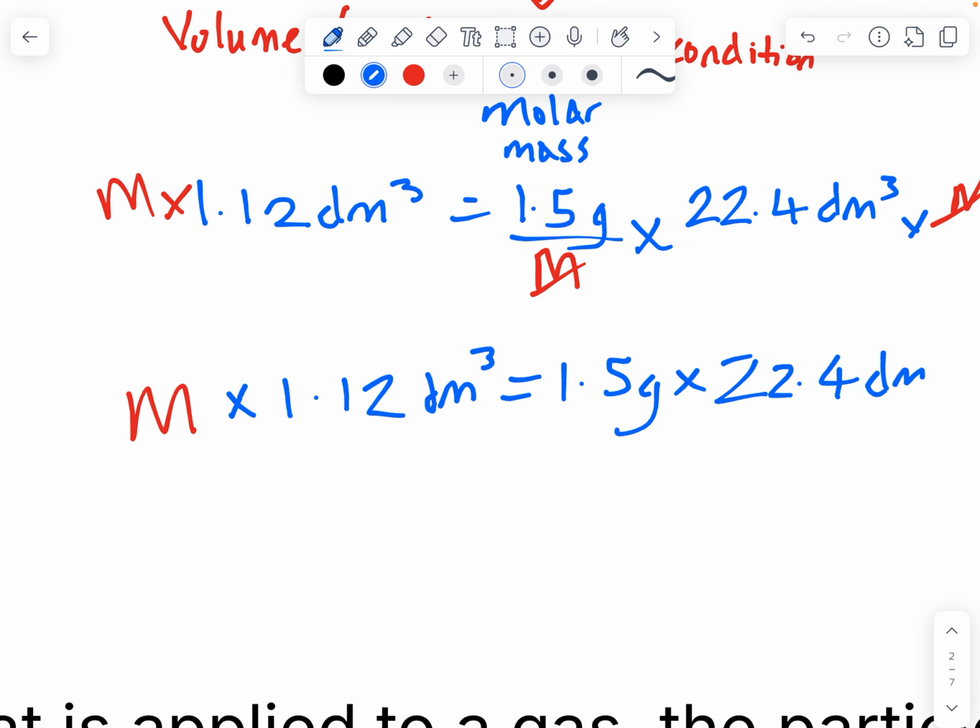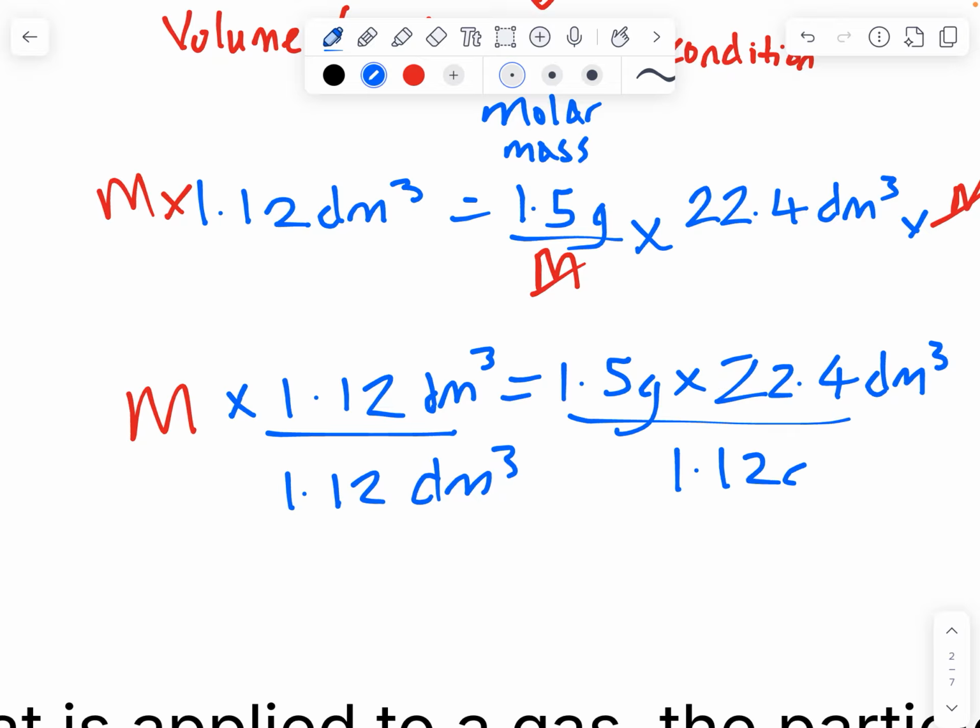22.4 dm cube. Nice, because we already got rid of the M on the right hand side, but we do need to get rid of the 1.12 dm cube. And as I said, since we're multiplying on the left hand side, we now simply need to divide to get rid of it. Whatever we do to one side, we do to the other side, right? So we cancel here, and now we solve for M. So what is the value of M?